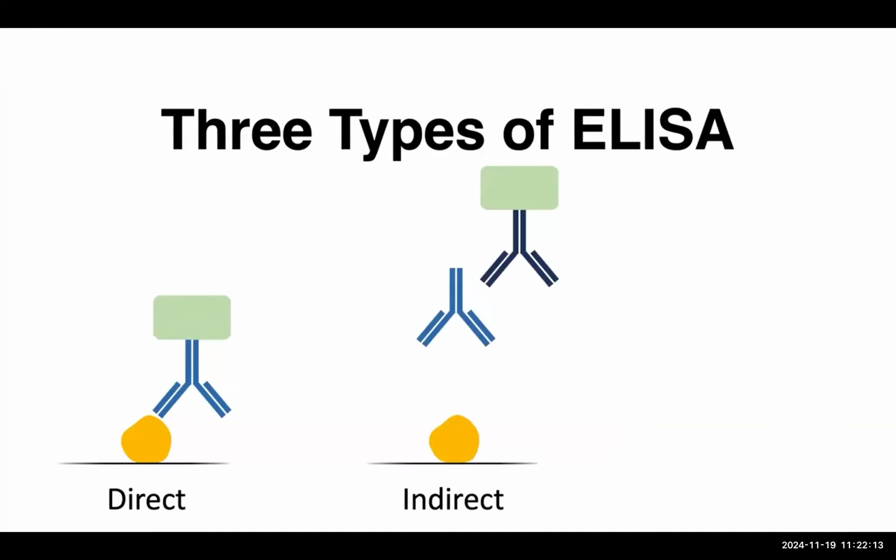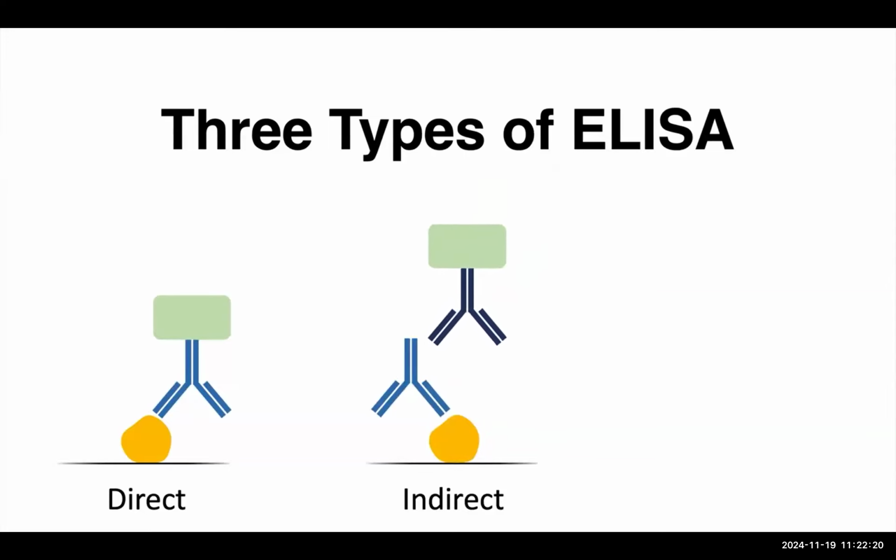There are many variants of an ELISA. In the direct ELISA, the antigen is immobilized on the bottom of the plate, and the enzyme-linked antibody directly binds to the antigen. In the indirect ELISA, the primary antibody binds our antigen, and then a secondary antibody binds the primary antibody. The secondary antibody is enzyme-linked.